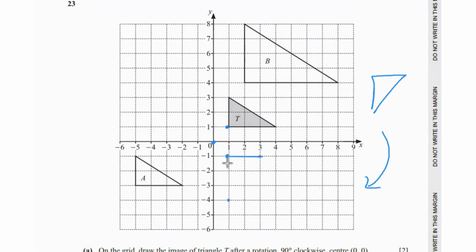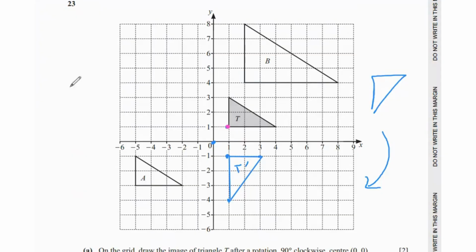Now, how did I figure out where these points are going to be? When we're rotating 90 degrees, whether it's clockwise or anti-clockwise, what we do is we swap the horizontal and vertical distance that we have for each point with respect to the center. So this point has one horizontal and one vertical. So if we swap them, it's the same for this.